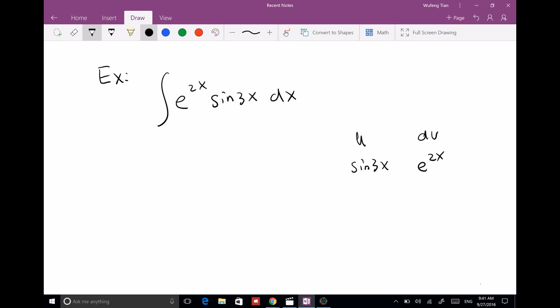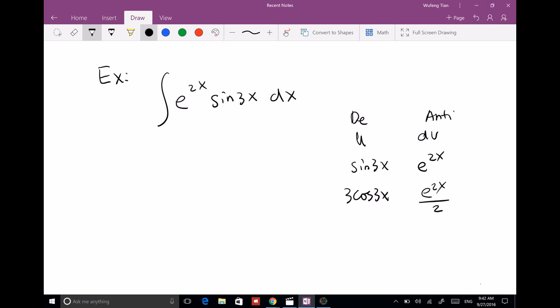So what we do now here, I think everyone got that. The u you take the derivative, the dv you take the antiderivative. So the derivative of sine 3x is 3 cosine 3x, and the antiderivative for this one is e to 2x over 2.